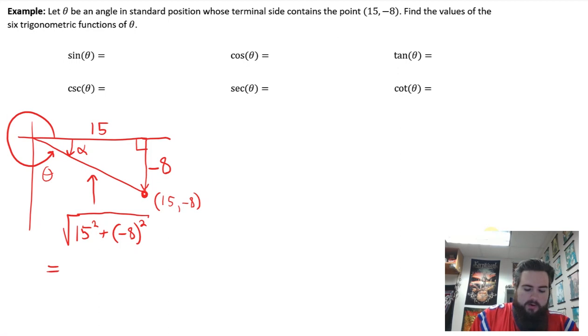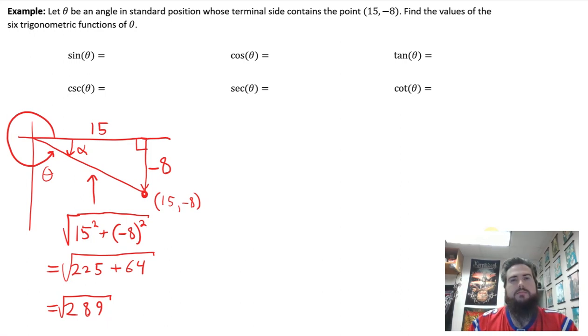That would be the square root of 225 plus 64, otherwise known as the square root of 289. For the hypotenuse side, I will always indicate it as a positive because it is a directed distance out from the origin. It is simply how far away the point is from the origin. The negative context would not matter here.